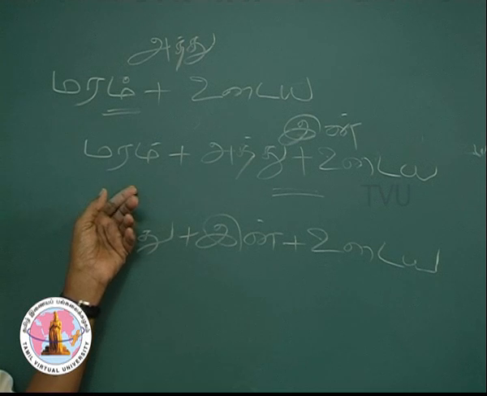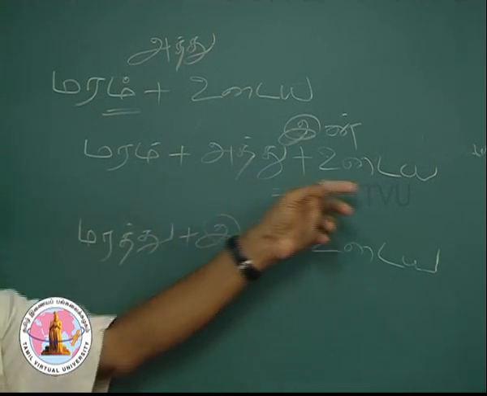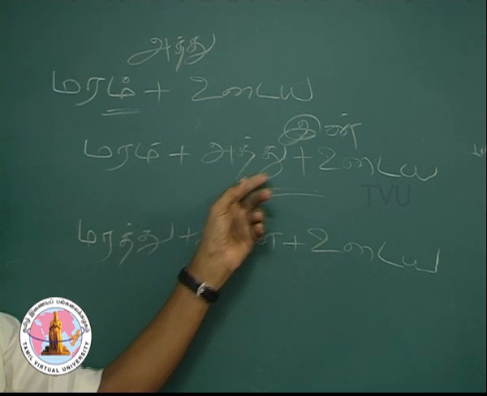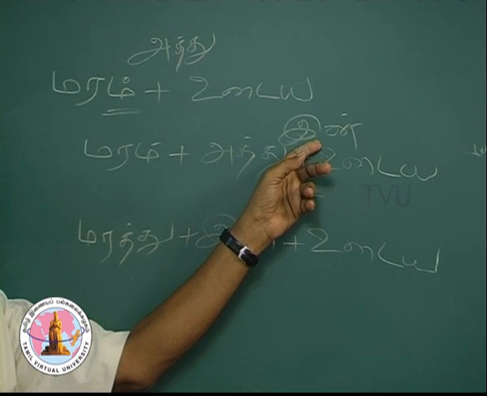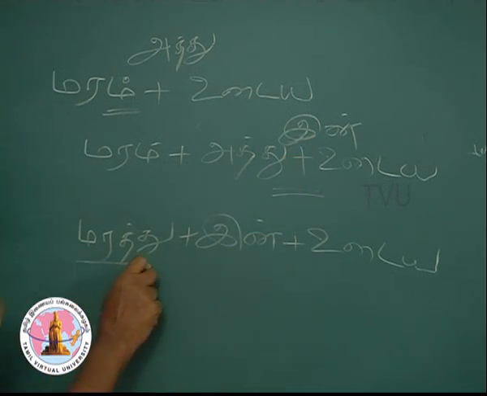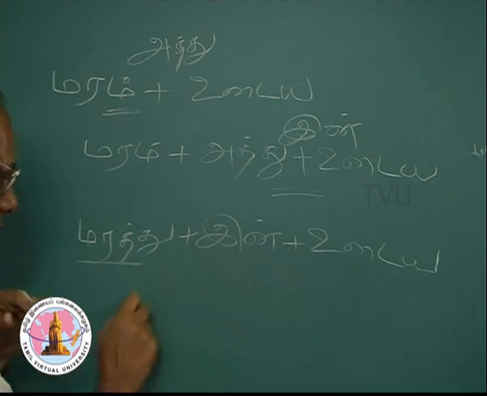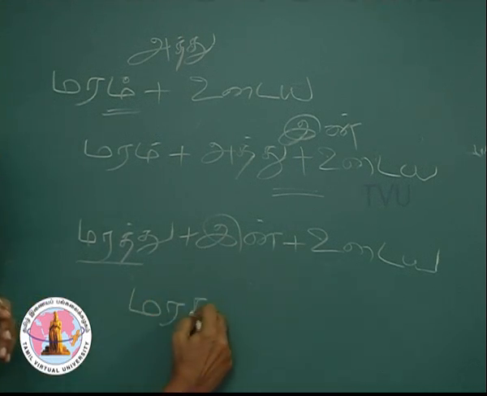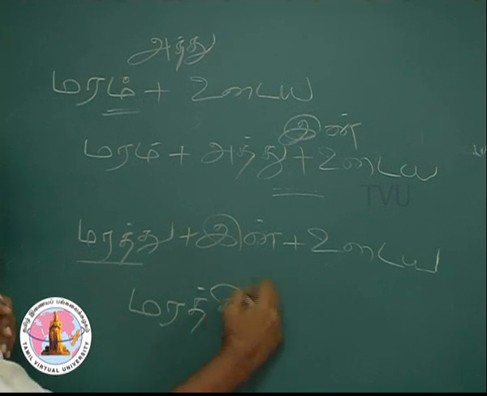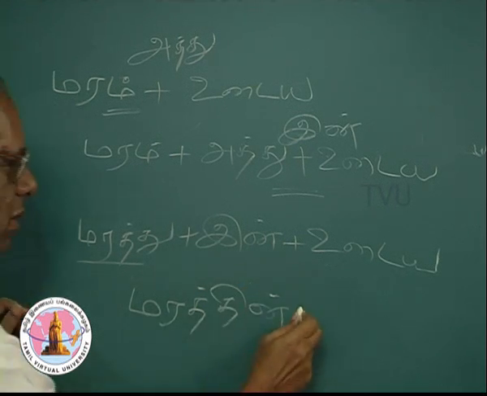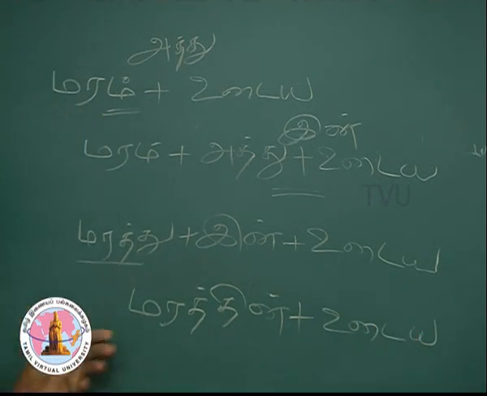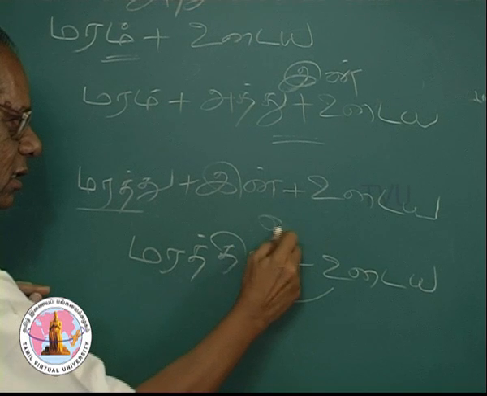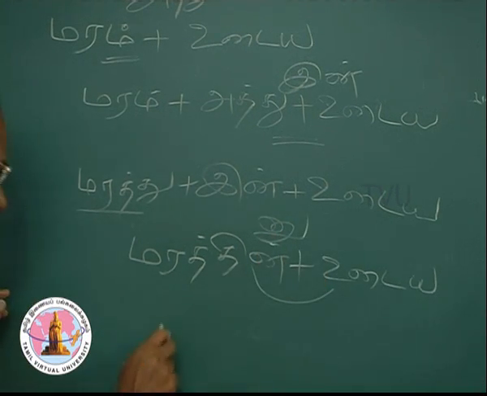Maram is the word, it takes up a suffix attu and the case marker is added, and to fix or to cement these two suffixes, another suffix in is added. So that becomes marat plus in udaya. Marathin plus udaya. There is a natural combination, it becomes marathinudaya.